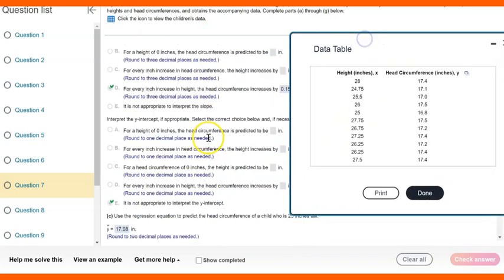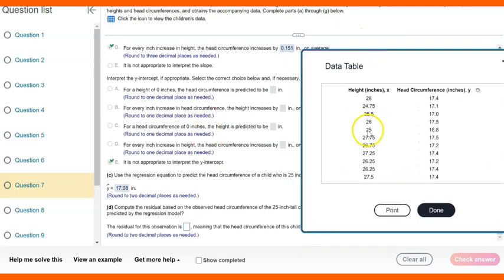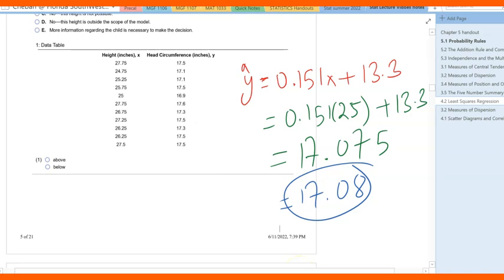Okay, let me go back down here. This is x equals 25, where y is 16.8. That's the y for this x, but the y hat we found from the calculator is 17.08, and residual is going to be y minus y hat.